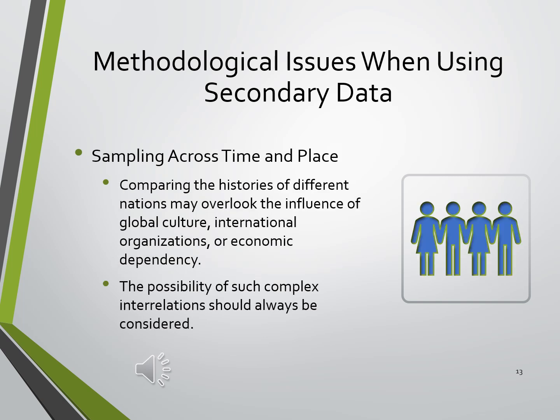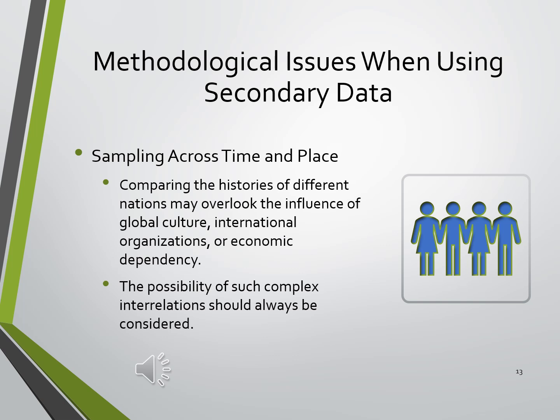When we look at sampling across time and place, we need to compare the histories of different nations. The information might have been overlooked. It could influence global culture, international organizations, or economic dependency. So these are things that we want to keep in mind when we're looking at this information.